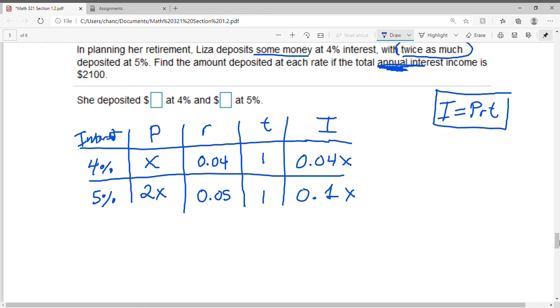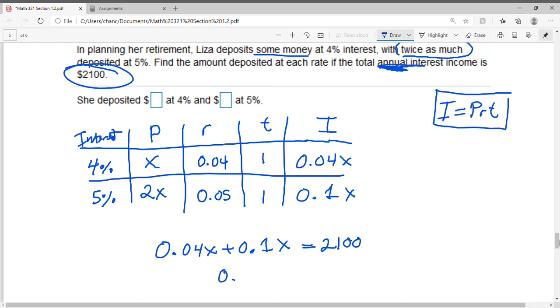Now we'll have to come up with an equation. We know that the total amount is 2,100. So I can say 0.04x plus 0.1x has to be equal to $2,100. If I add 0.04x plus 0.1x, I get 0.14x equals 2,100.